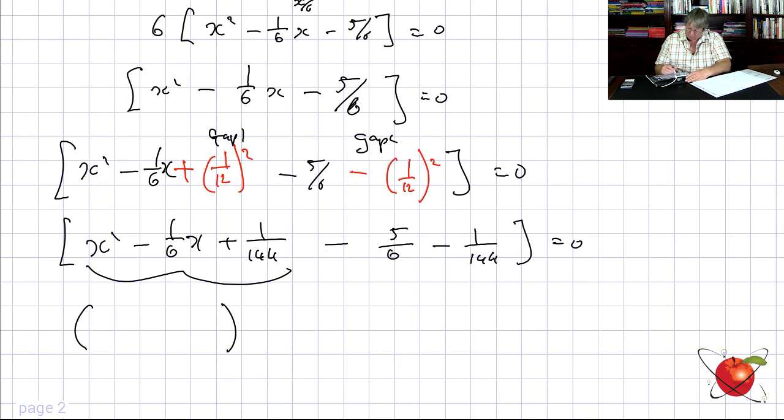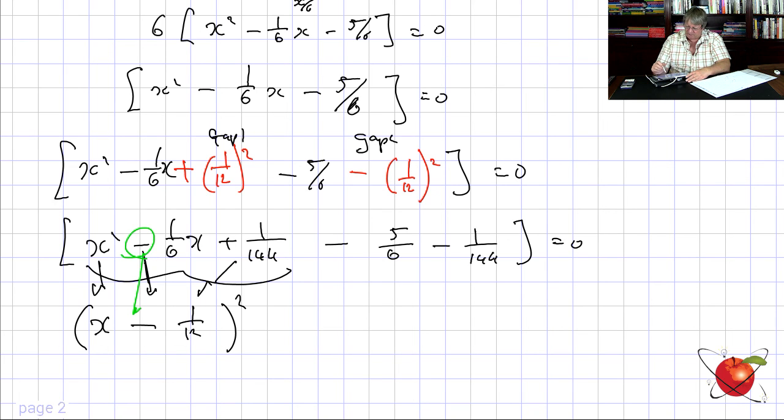An x, because it's the square root of that. The square root of that is going to be 1 over 12, and it's going to be a minus sign because I use that sign there. Square root of this is always an x. Over here, in fact, it's always going to be that x. Minus, you take the sign from here.